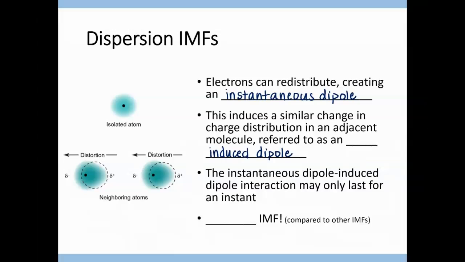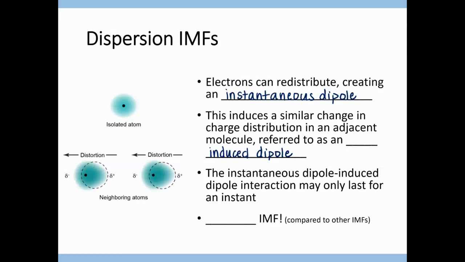So the instantaneous dipole to induced dipole interaction may only last for an instant, so it's not necessarily a constant force of attraction between these molecules because the electrons can then move around again.